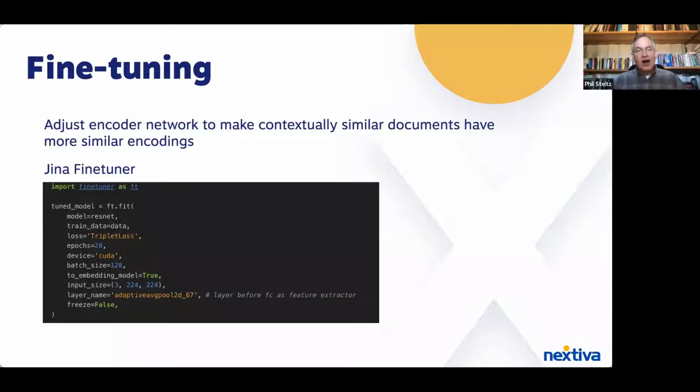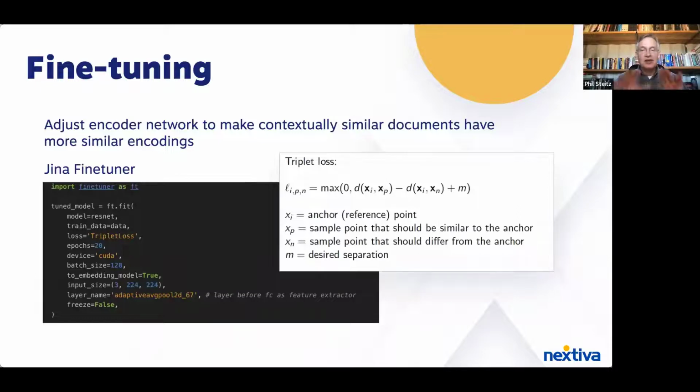In order to fine tune, Jina provides a fine tuner that is configurable and enables you to use lots of different ways of driving the fine tuning. This one, what's shown here, uses triplet loss. I don't really have time to go into this, but basically what it comes down to is that we provide a bunch of reference data that says, hey, these things should be close together.